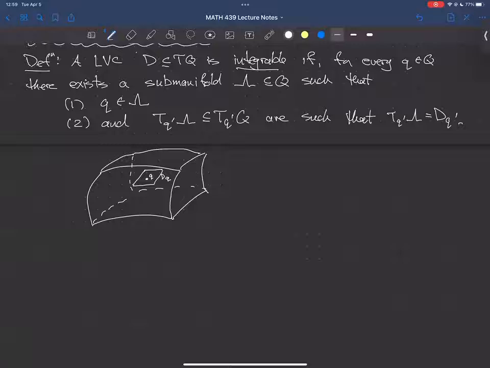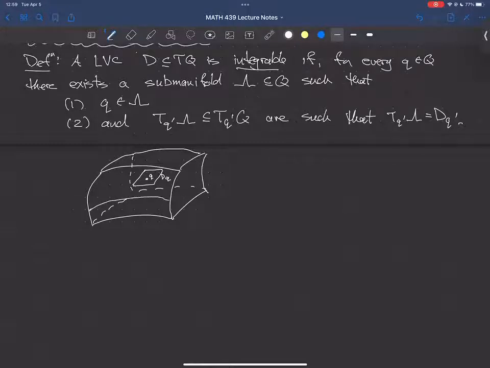D is two-dimensional. And so the way you should think about what's happening with an integrable velocity constraint is that I have a two-dimensional submanifold lambda.